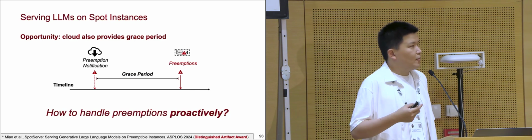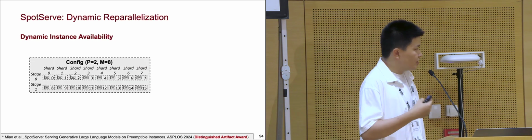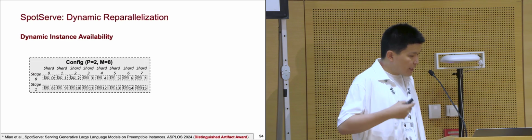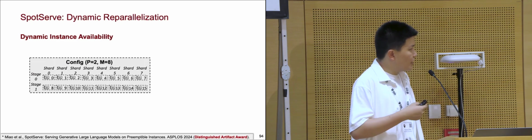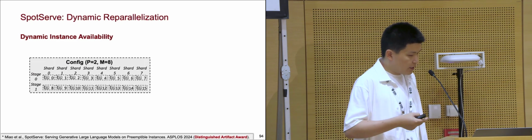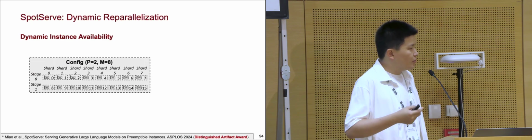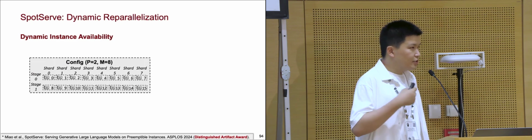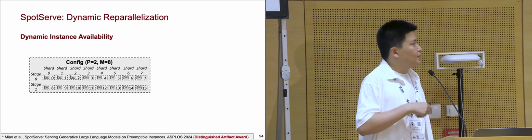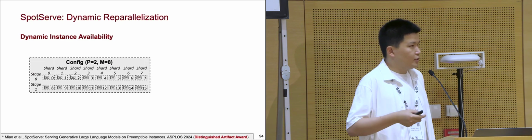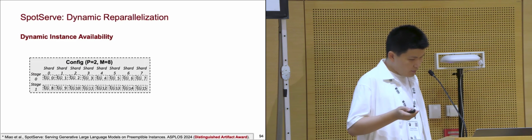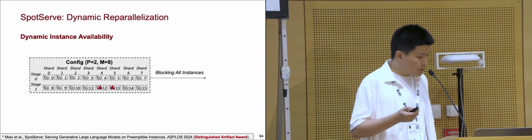For example, if you have a much higher input arrival rate at this time, and your system cannot consume them efficiently, then it will have some accumulated requests, and their scheduling overheads will also be part of their end-to-end inference latency. So how to handle this problem?